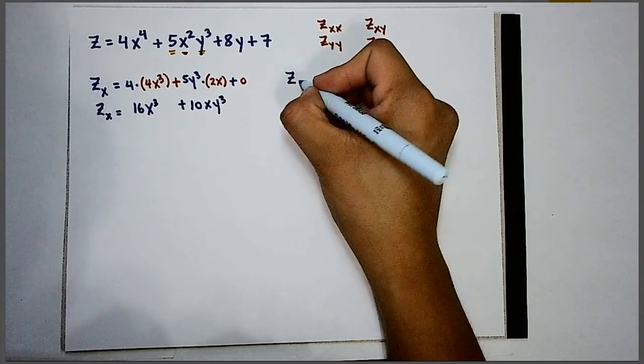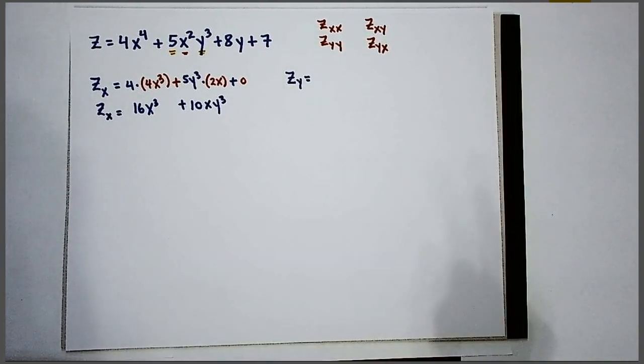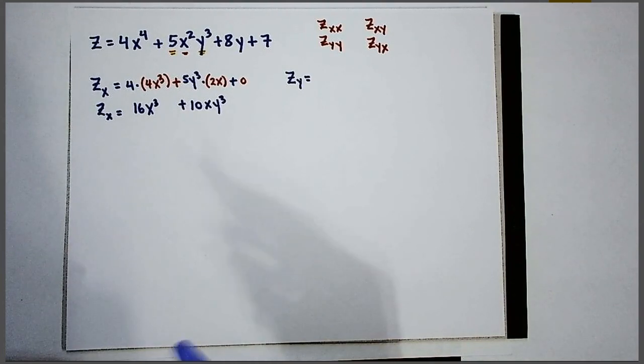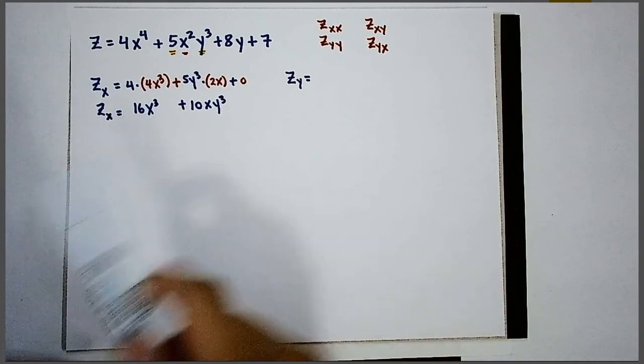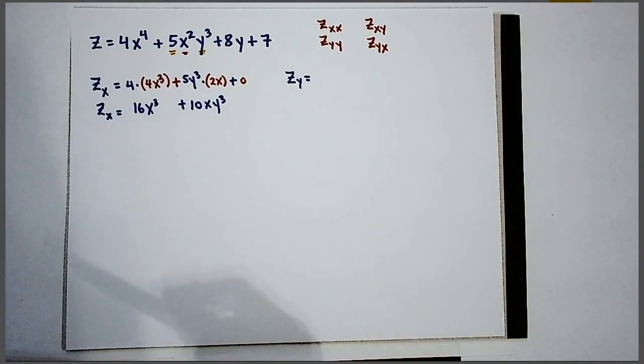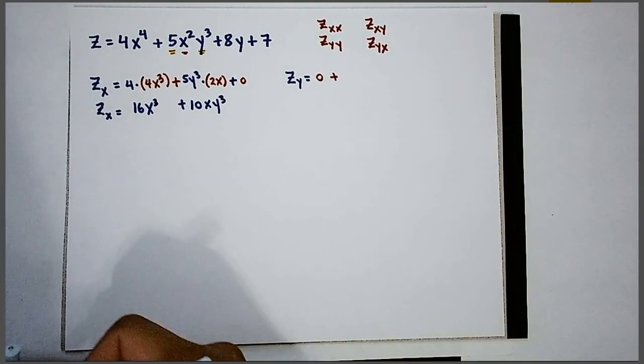Let's continue with the derivative of z with respect to y. Now notice that y is the variable and x is the constant. The first term, which is 4x to the fourth, has no y, so the derivative is 0, plus.